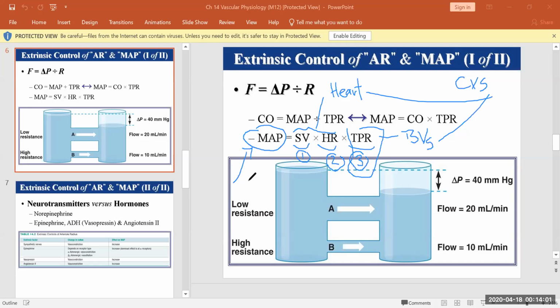In English terms, the force driving blood through my blood vessels depends on three factors, two of which come from the heart, the electrical component and the mechanical component of the heart, and the third factor depends on the blood vessels. How strongly are they constricting? Are they constricted? Are they dilated? That affects blood flow. So that's the story behind that equation that I want you to appreciate.